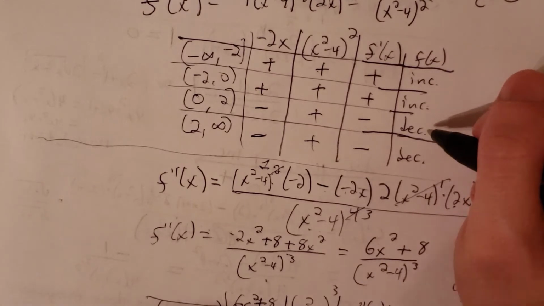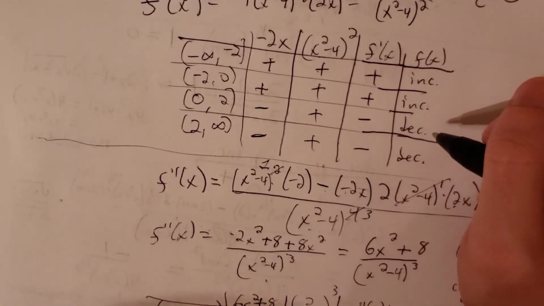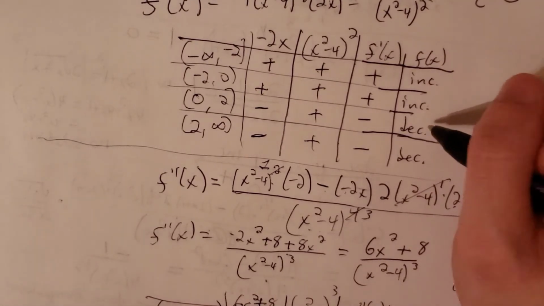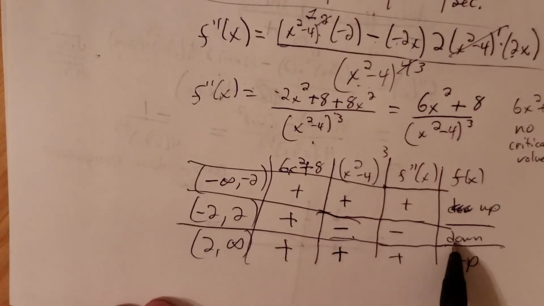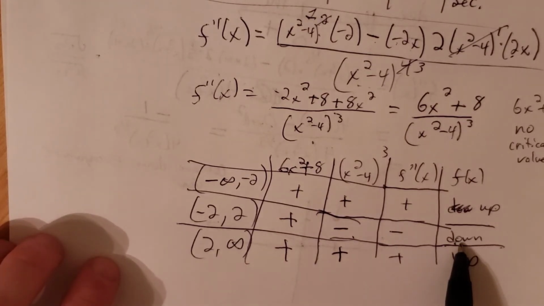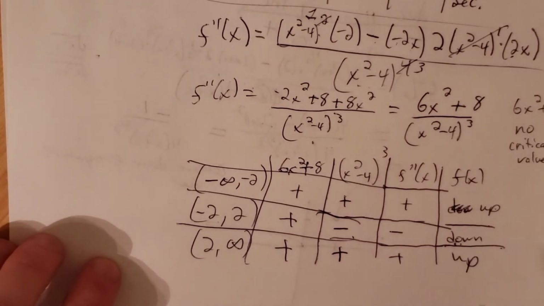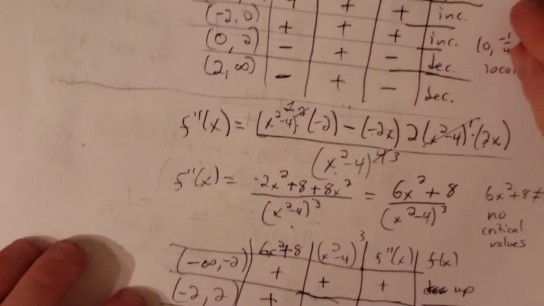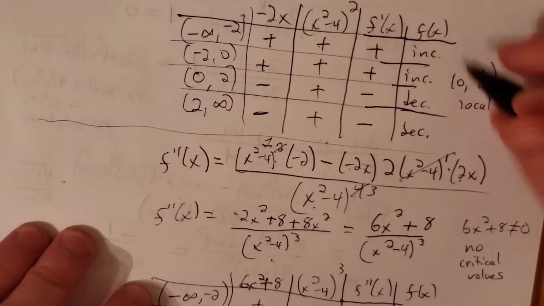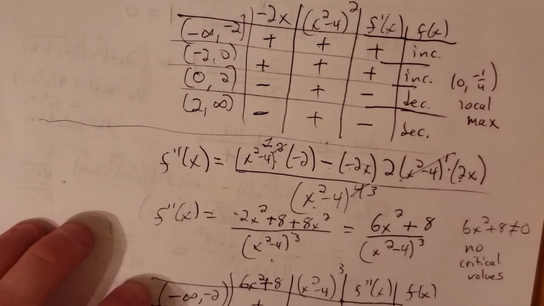So does that imply that we have a local maximum? Well, at 0, which is where this occurs, our concavity is down. So using our second derivative test, that does in fact imply that 0, negative 1/4 is a local maximum.